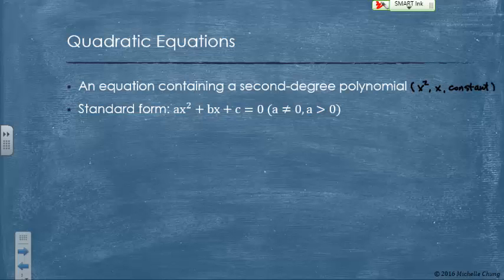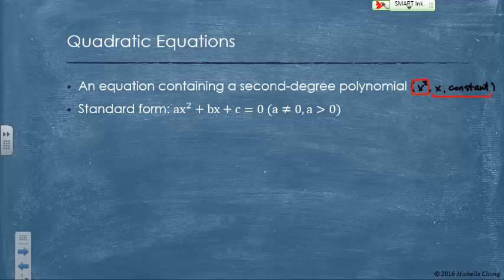Among those three, no matter what, you should have x squared if you want to have a quadratic equation. However, sometimes you only see the x term or the constant term. The standard form of a quadratic equation is ax squared plus bx plus c equal to 0. In this case, a cannot be 0 and a should be positive.